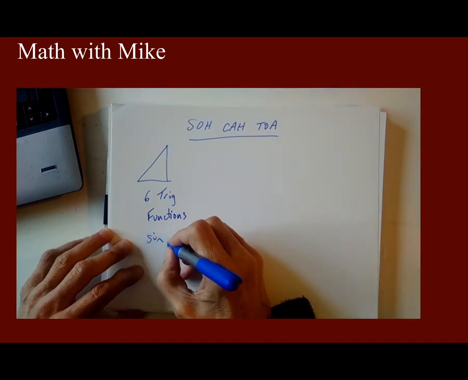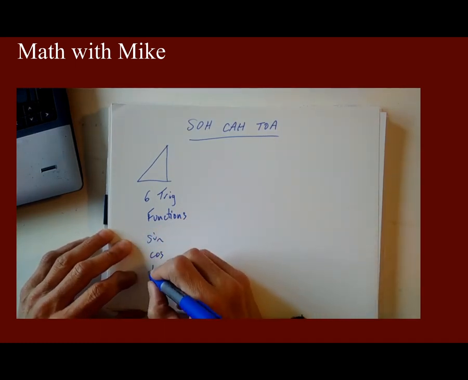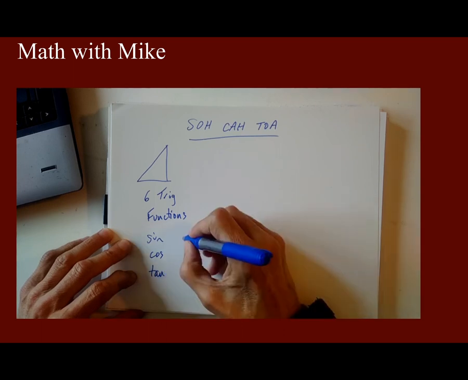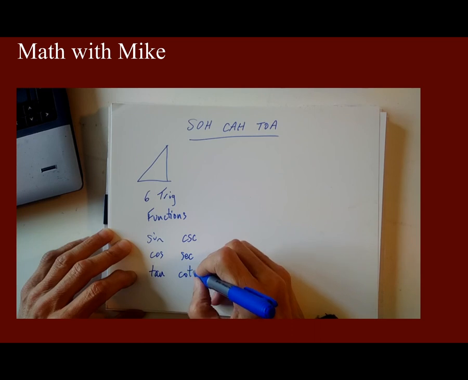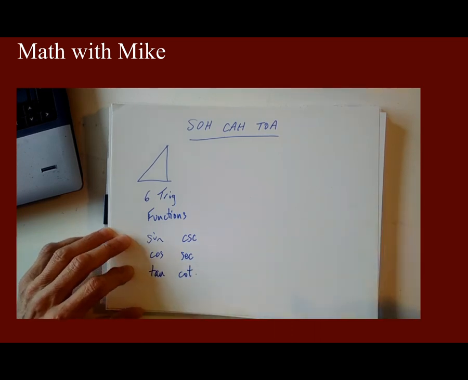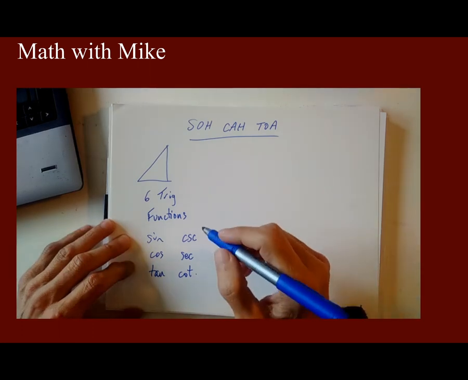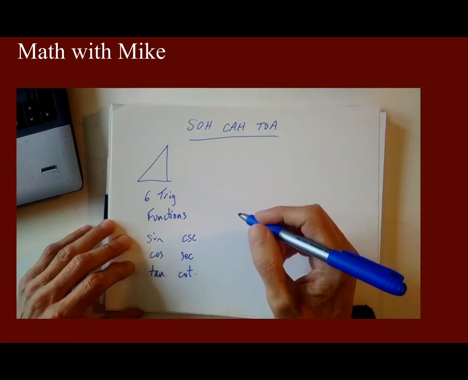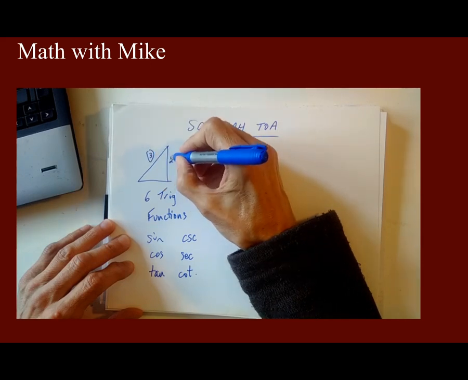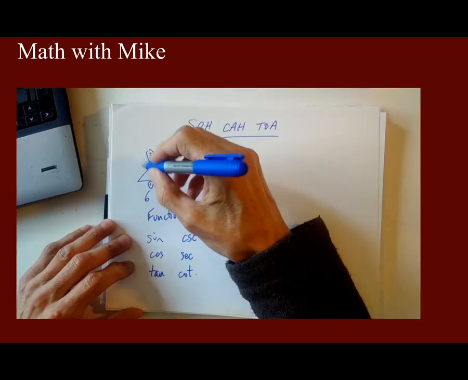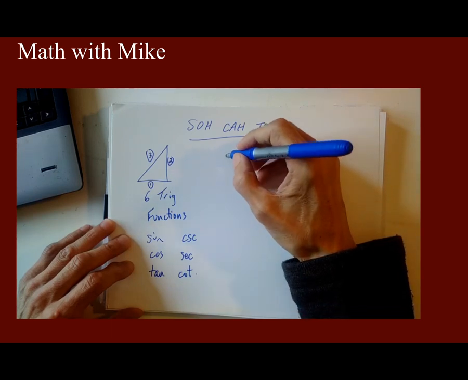We had sine, cosine, tangent, and then we had cosecant, secant, and cotangent. And what was also mentioned is that each of these is going to match up with one of the fractions that are created from the sides.